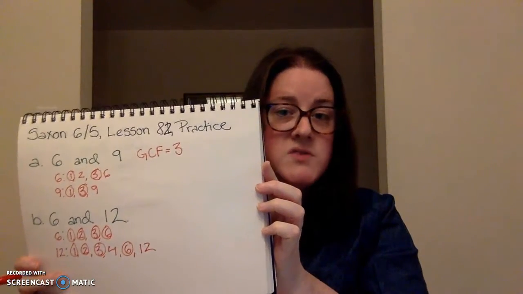That will just simply make it easier to identify my common factors. So my common factors are 1, 2, 3, and 6. All of the factors of 6 are also factors of 12. 12 just has other factors as well. So my greatest common factor is 6.